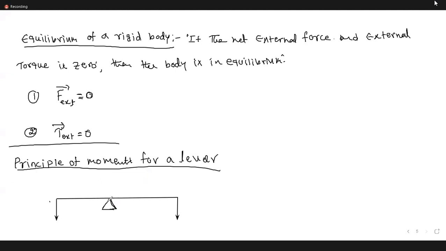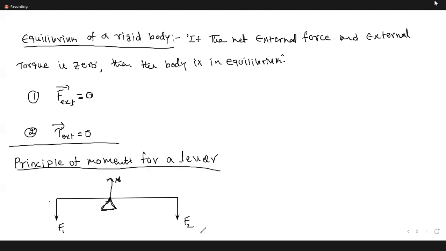So this seesaw is balanced at this particular position, and here the normal force is acting in the upward direction. Suppose this is force F1 and this is force F2.